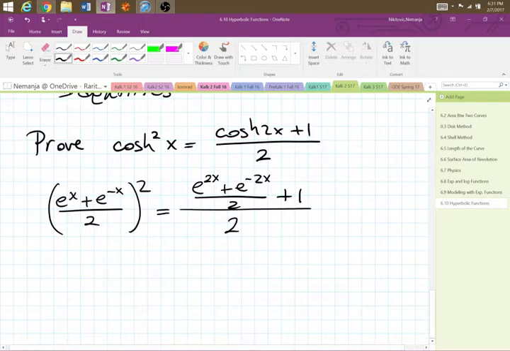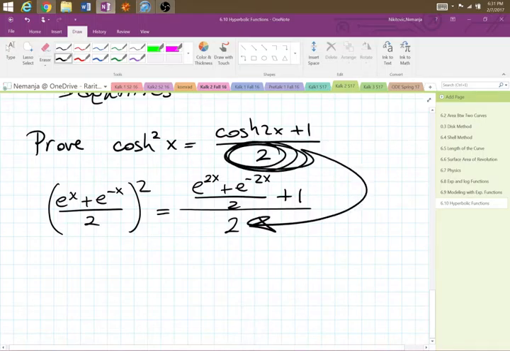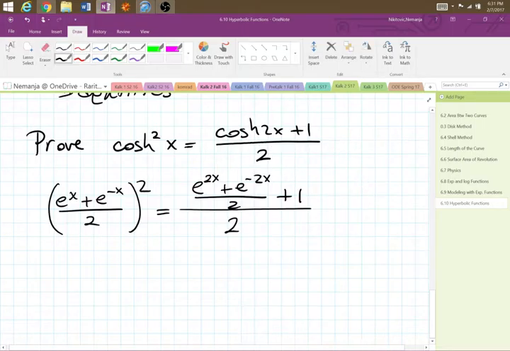Why is all of that over 2? And now I'll put the question mark here. So this is technically left side, right side, and I'm just going to massage both of them until we get to the same expression on the left and the right.